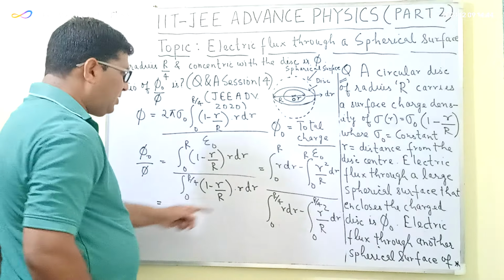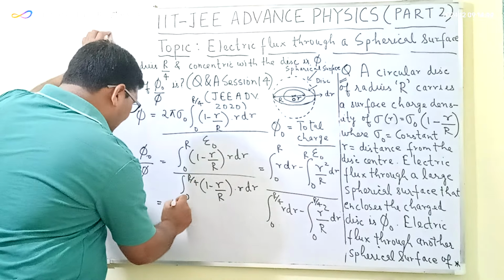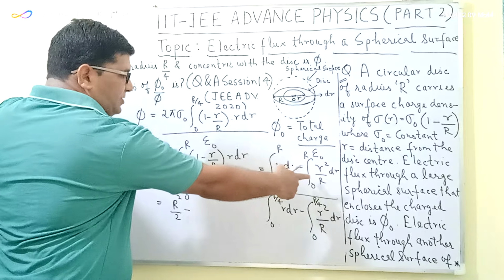So the value of this integration will be equal to R square by 2, and here this 1 by R is a constant, so it can be taken out.